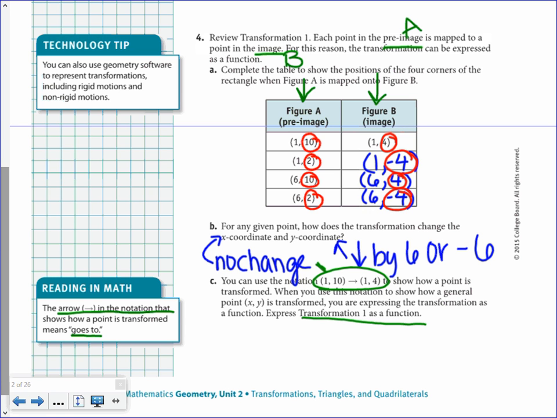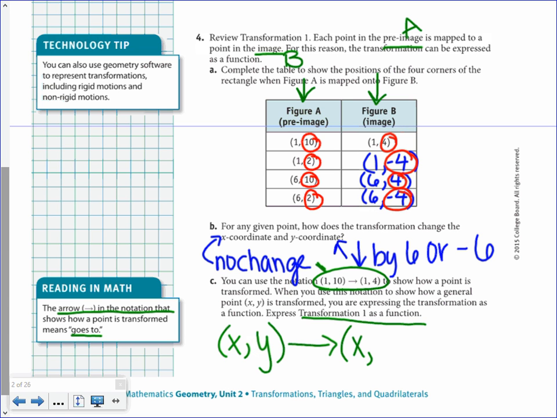So when you go to write this, we're going to begin with a general point x, y. It goes to... And we're trying to write, for any point on this figure, how could we rewrite it? What happens to it? Well, we just said the transformation does not change the x-coordinate. So if we start as x, it's going to stay as x.